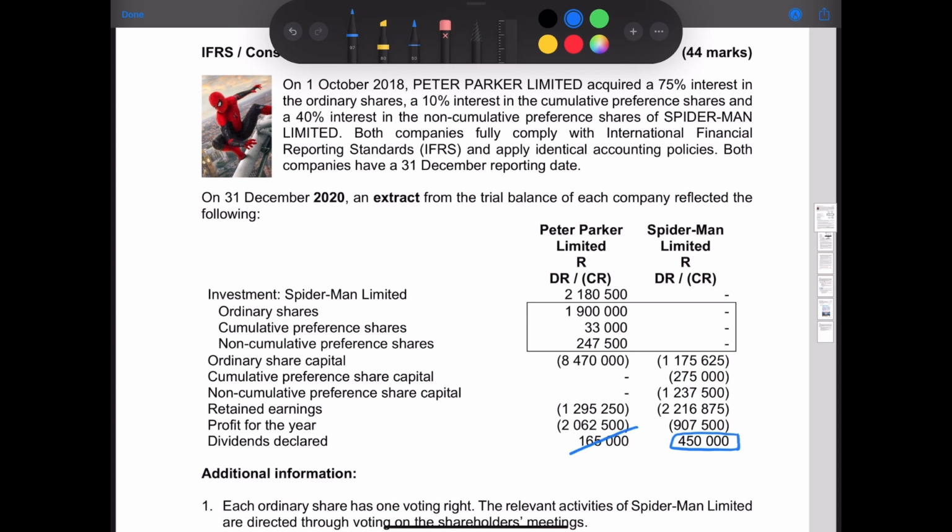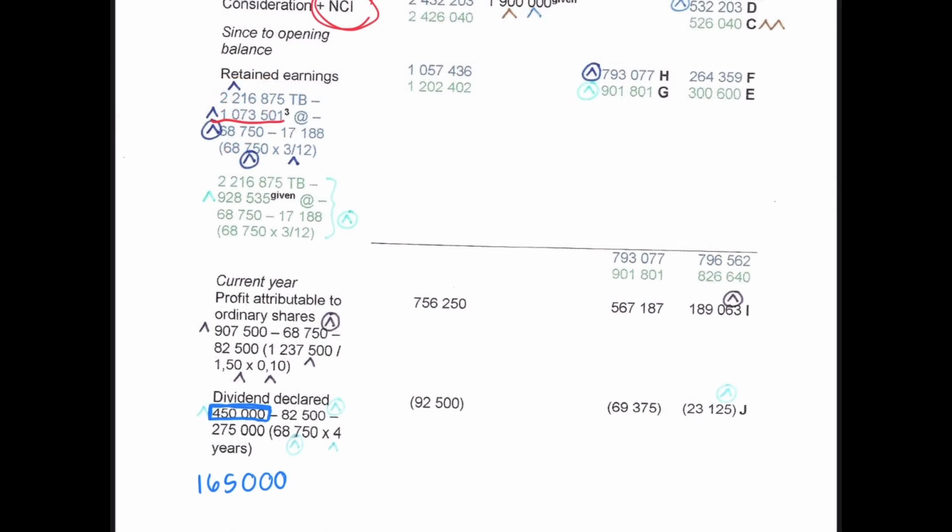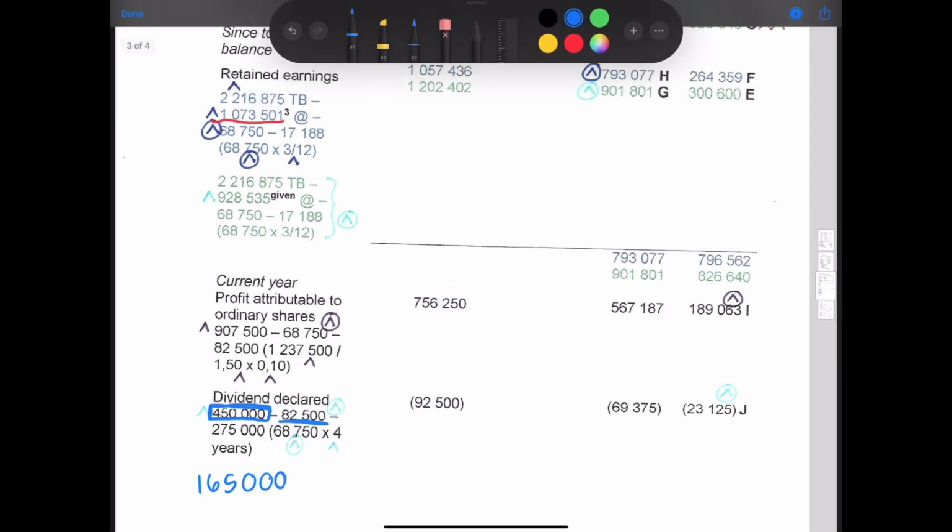However, remember that the 450,000 is the total dividends declared by the subsidiary and thus includes the ordinary dividends and the preference dividends declared. And that is why I'll show you now in the calculation that you should have deducted the preference dividends to get to the ordinary dividends declared. As I've said, you should have deducted the non-cumulative preference dividends declared as well as the cumulative preference dividends declared to get your ordinary dividends declared by the subsidiary that is then allocated to your NCI.